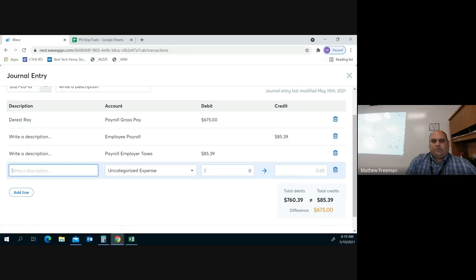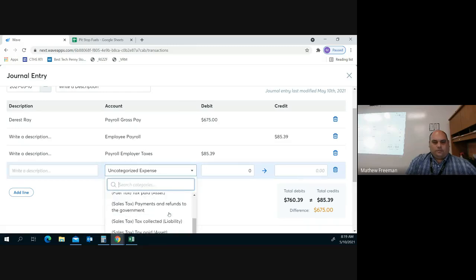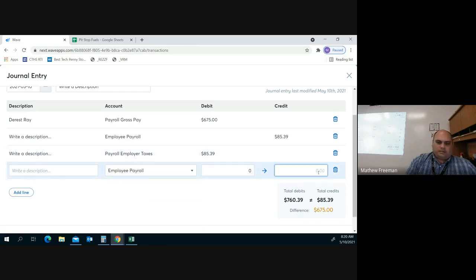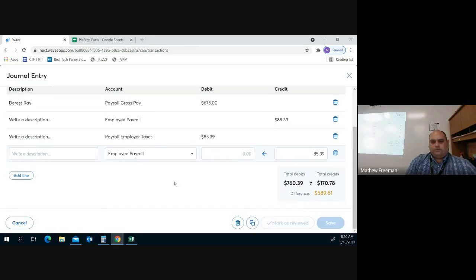And then now we have to show that we're moving it to our liability, because we go into accounts payable. And so we have our taxes and accounts payable.